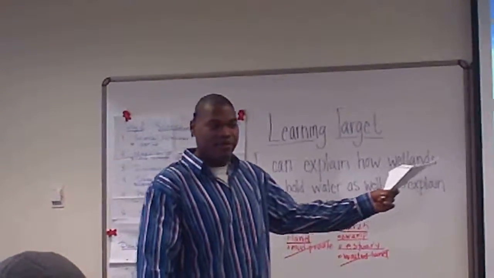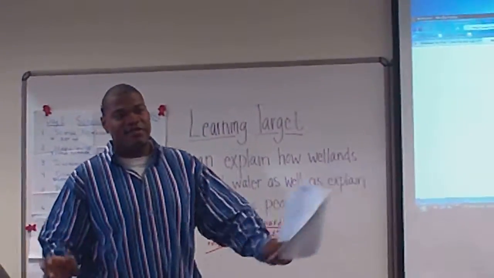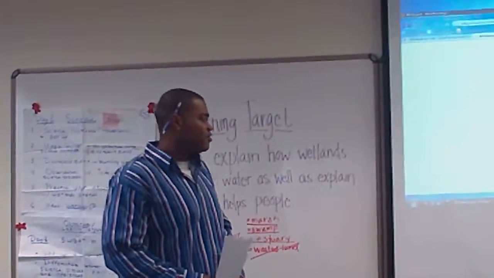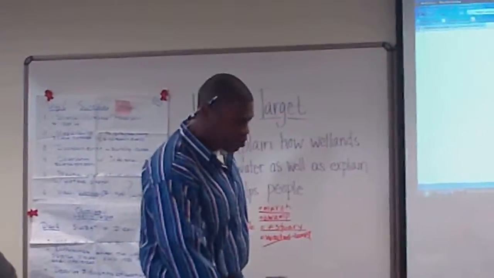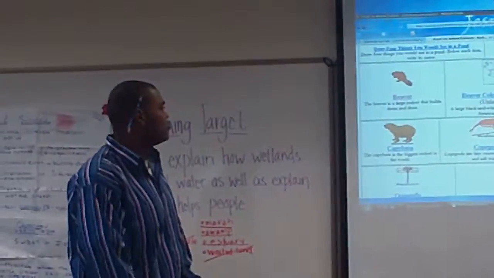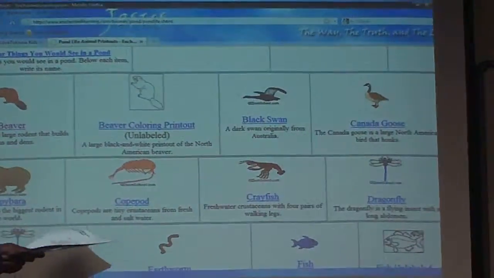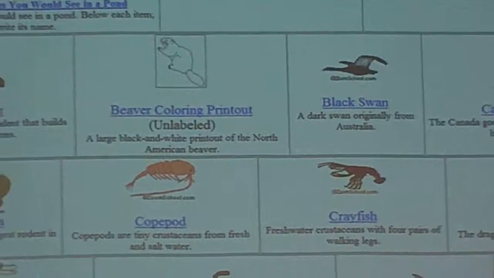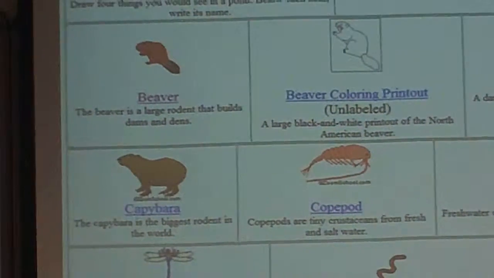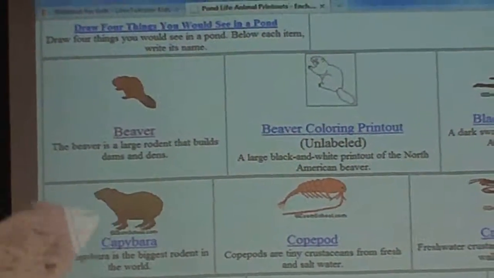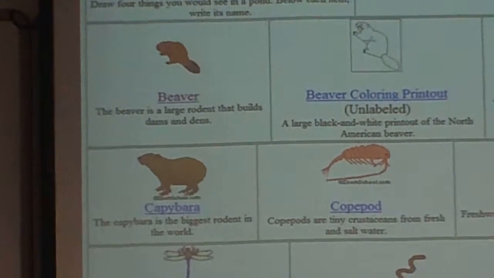There's a whole slew of animals you can pick from, which you're going to see on the next slide. So you're going to pick whichever one piques your curiosity and choose a particular animal. This is an example right here: we've got a profile with capybara, dragonfly, all kinds of animals.